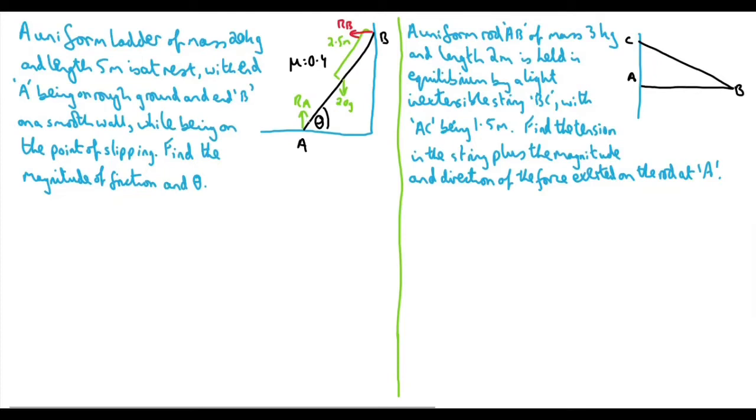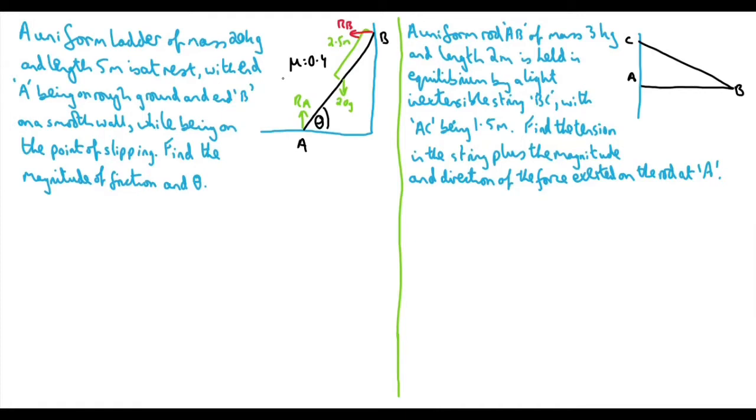Now, we also, because the ground is rough, are going to have friction acting in the opposite direction to the desired motion. So if it's on the point of slipping, like being on the point of tilting, the thing isn't moving yet. It's still technically in equilibrium, but we're going to have maximum possible friction here. That which you would get from the coefficient of friction times the reaction force.